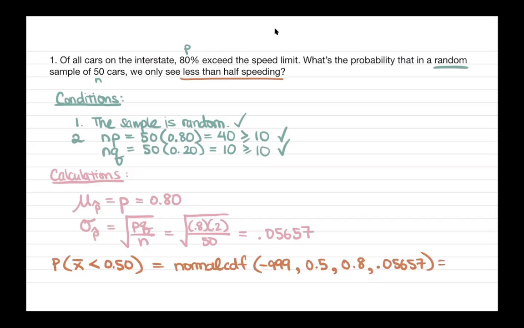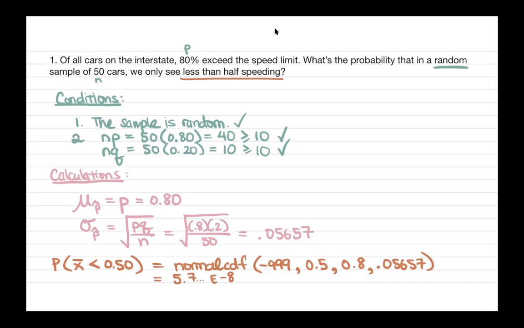If you did that in your calculator, it will give you something that looks like this: 5.7, and I think like E negative 8.